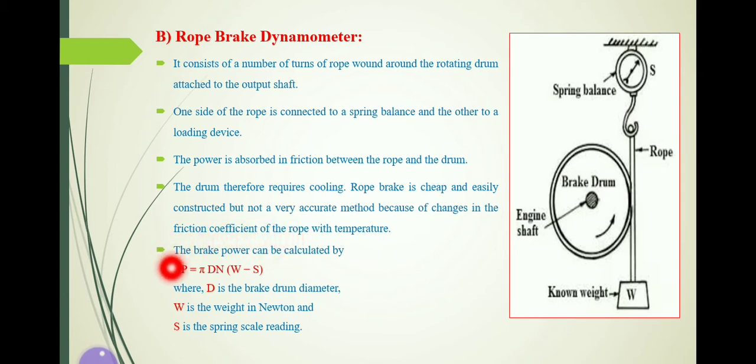Brake power is equal to pi D N into bracket W minus S. So W is the weight which we have applied, in Newtons, S is the spring scale reading which we see at this point, and D is the brake drum diameter. In this way we can find the brake power of the shaft, or of the engine, using the rope brake dynamometer.